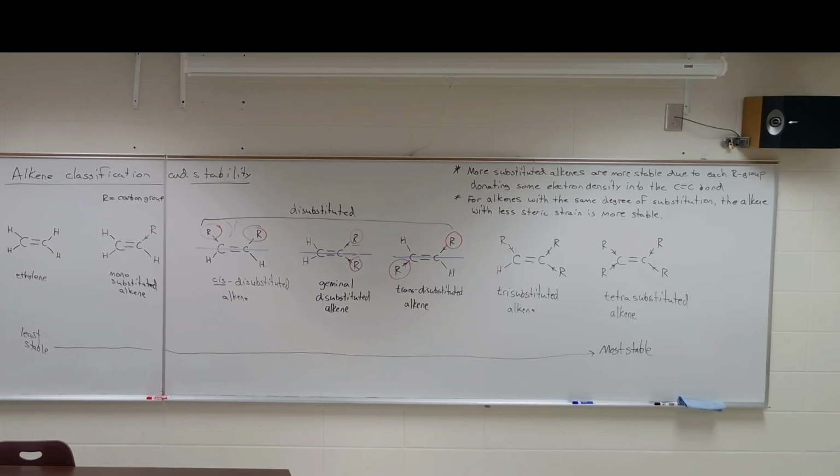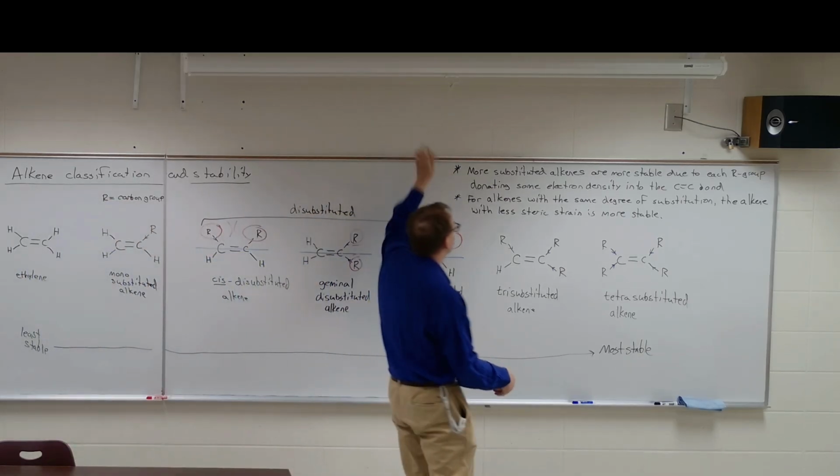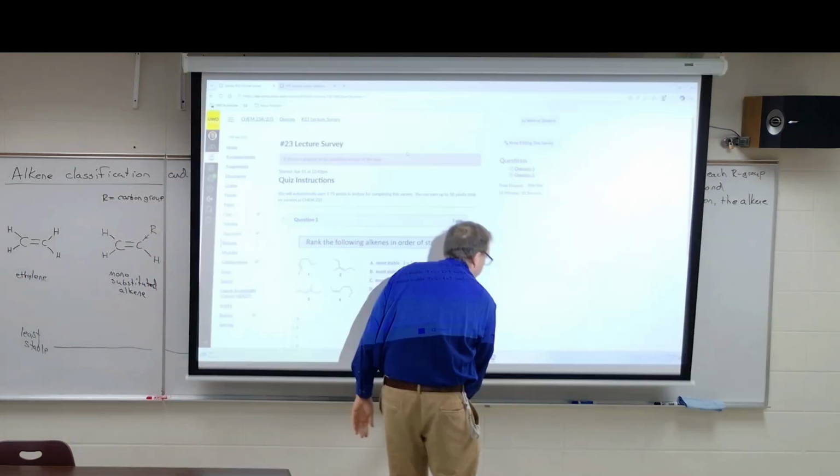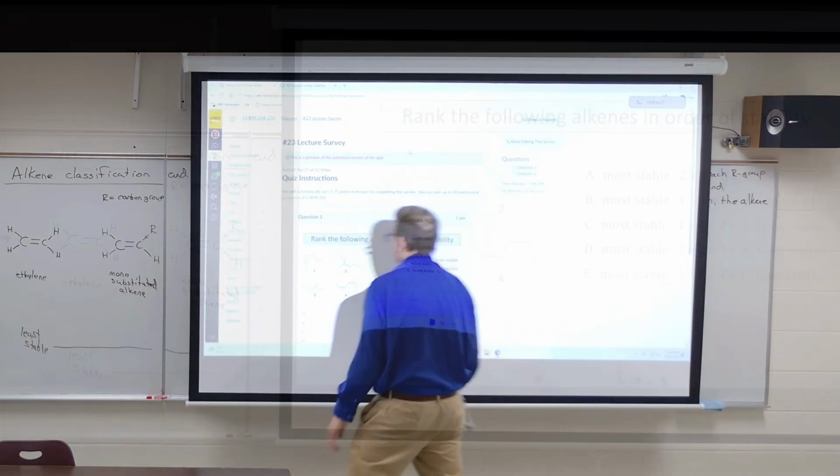What I gave you last time was enough to get you thinking about it, but maybe not comfortable enough to answer the survey question. But let's take a look at this and see what the survey question is asking, and then try to interpret it for you so you can apply these concepts and hopefully get it to make sense.